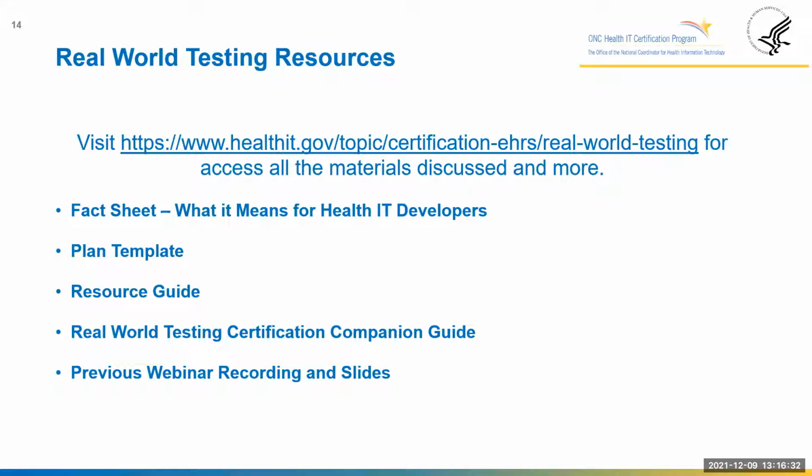We also have a real world testing certification companion guide, and we have previous webinar recordings and slides where we have been doing a lot of education and outreach around real world testing geared towards developers to help you understand exactly what you're supposed to do. So we recommend, if you're not familiar with the details of these requirements, that you take a look at the recordings that we've done this year on real world testing. Next slide.